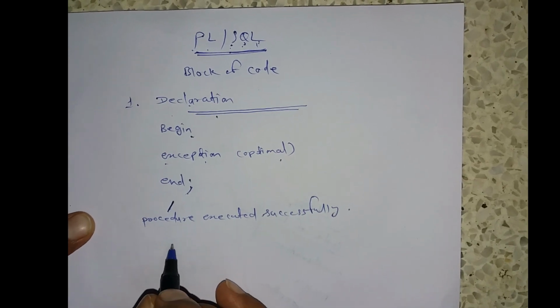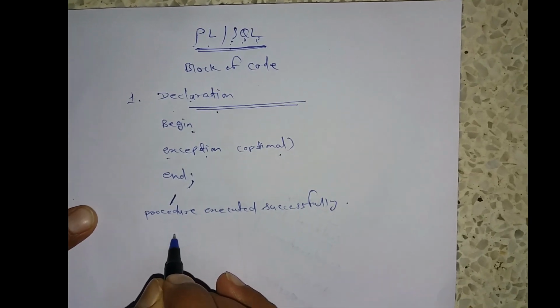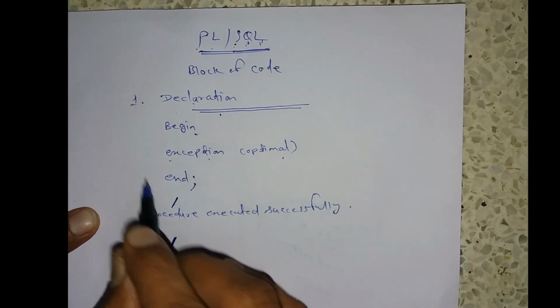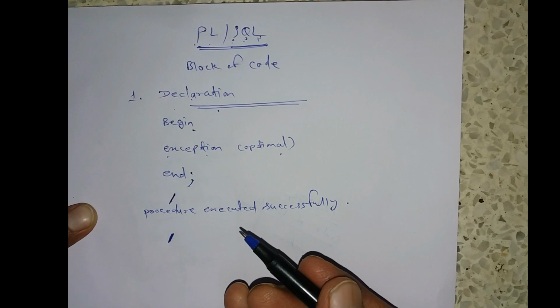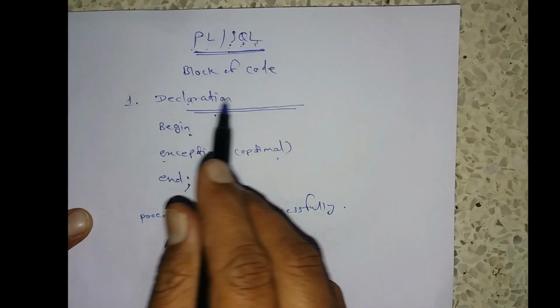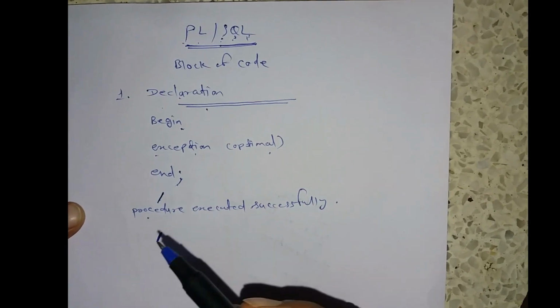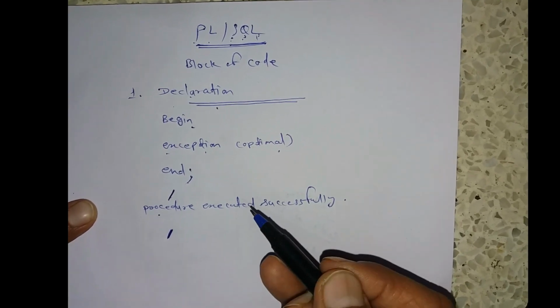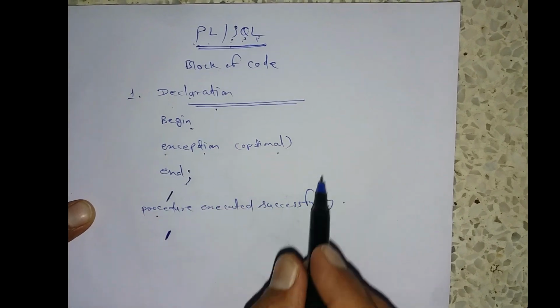Now when you give one more front slash on the terminal, then this program will execute again. Firstly, it will compile, and if there is any kind of error, then the system will notify you about the error in the block of code.